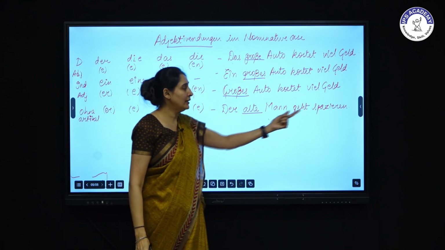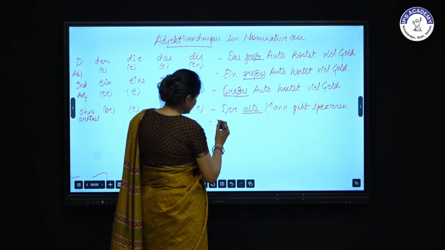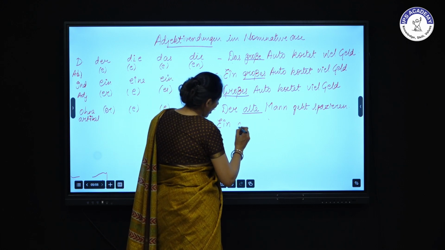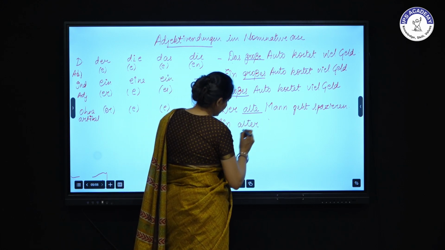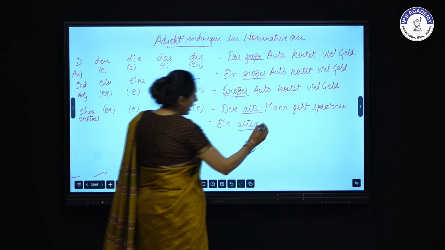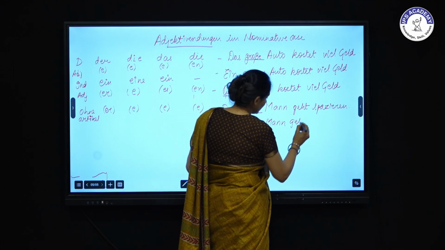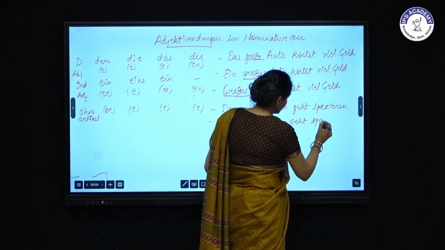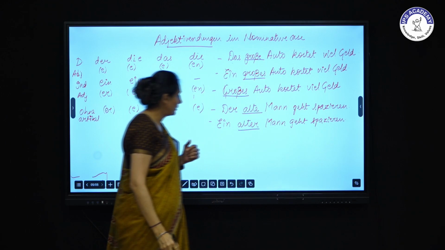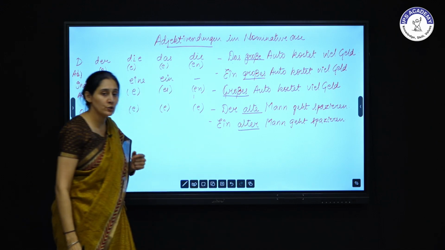Der alte Mann geht spazieren, he goes for a walk. But the same sentence in the unbestimmter article, I'm going to say ein alter Mann. That is, we have our er with it. So ein alter Mann geht spazieren. Or alter Mann, again I can take it as alter Mann geht spazieren.